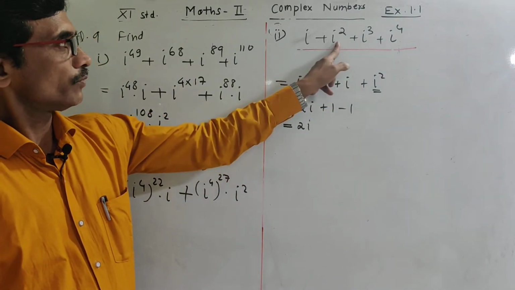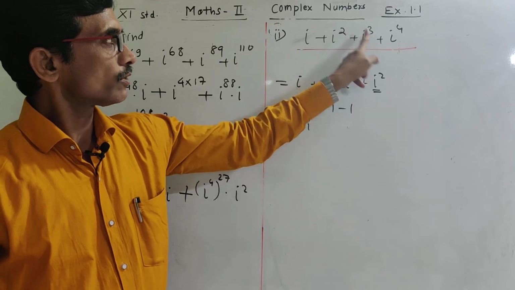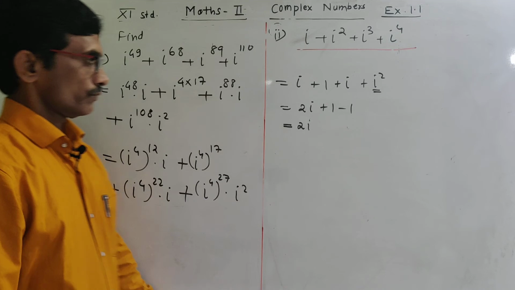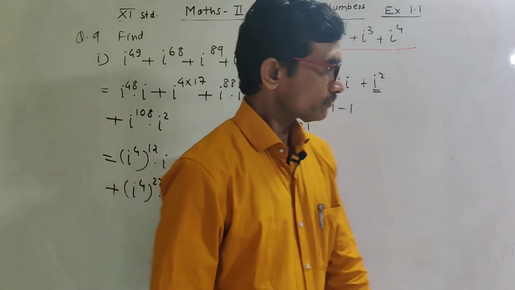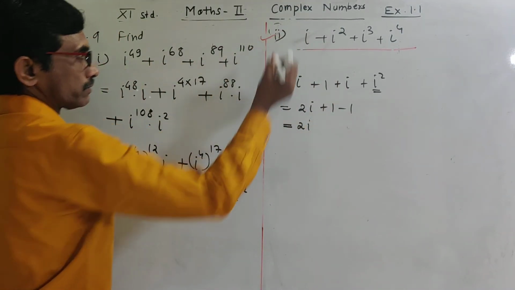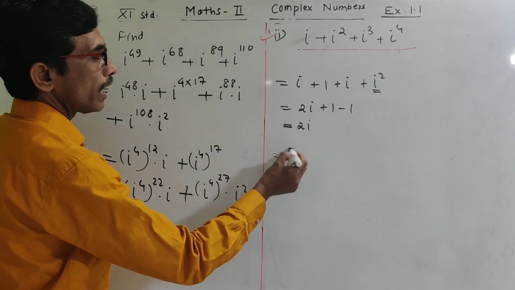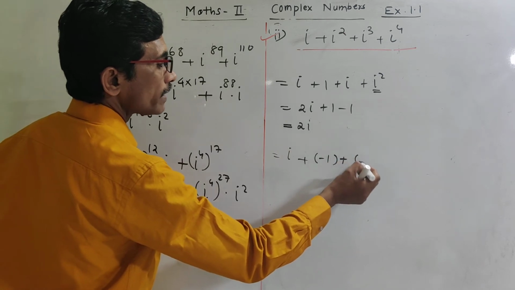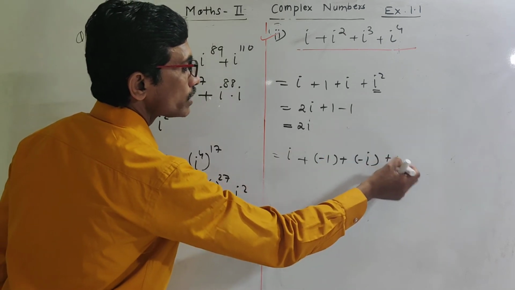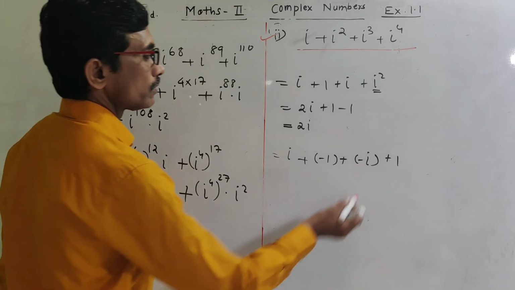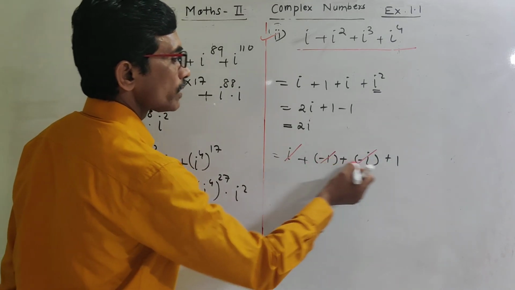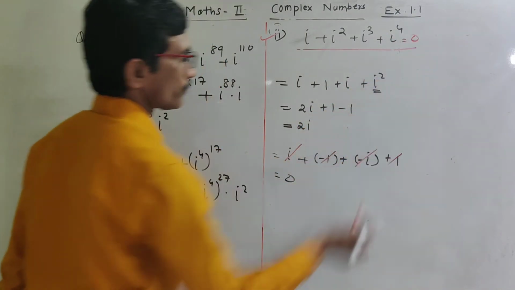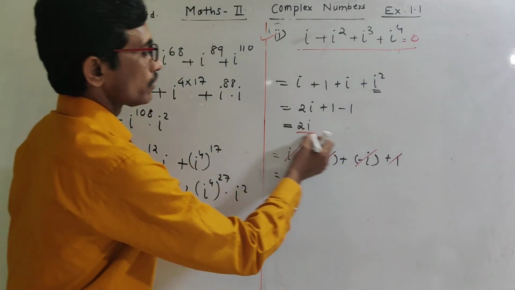For example, i raised to power 50, 51, 52, 53 will be equal to 0. So here, this we attempt: i plus i square is minus 1, i cube is minus i, and i raised to power 4 is 1. So plus i and minus i, plus 1 and minus 1 get cancelled and the answer of this is equal to 0. And the answer of this is equal to 2i.